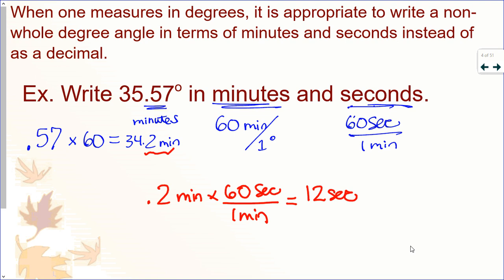So we have the number of degrees right here. And this is because the minutes cancel here. All right, so we have the number of degrees. That's the whole number here. We have the number of minutes, and we have the number of seconds.